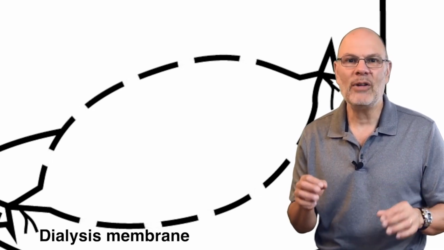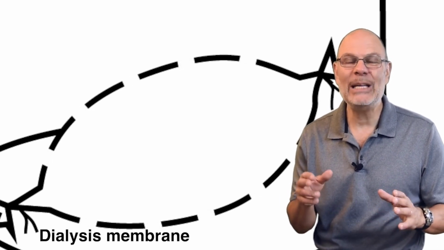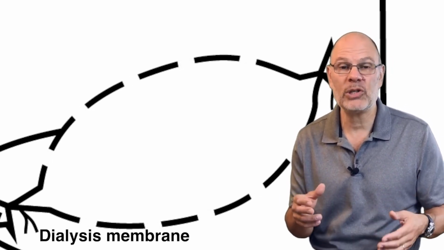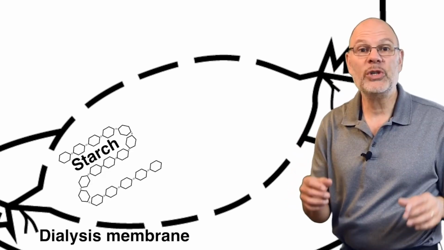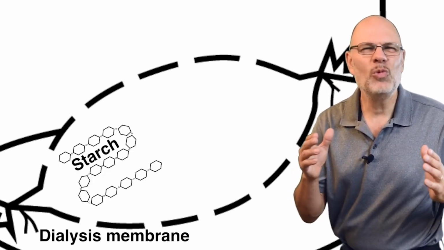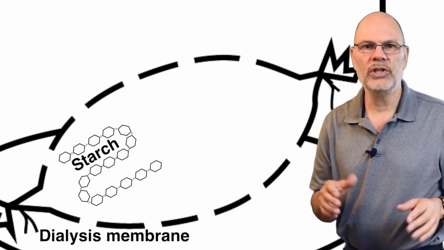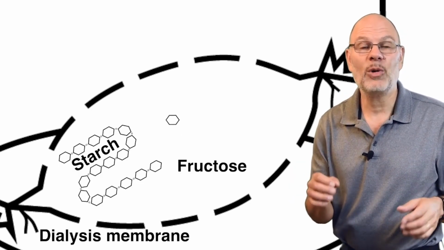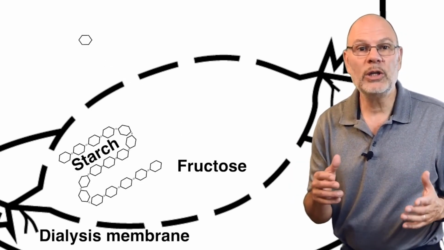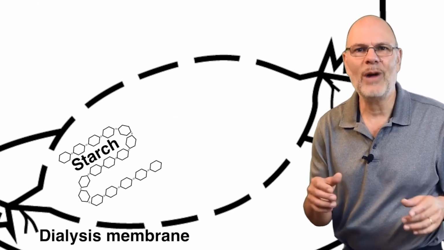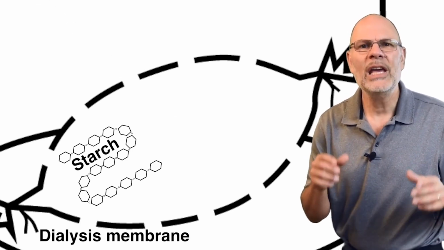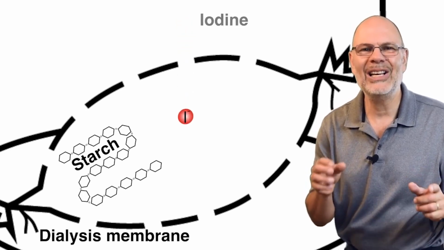On a molecular level, the dialysis membrane has tiny pores that some molecules can pass through, but not others. That's how it works. Starch, which is a polysaccharide, is way too big to pass through these pores. Fructose, a monosaccharide, is much smaller, small enough to be able to pass through. And what's true of fructose, a monosaccharide composed of 24 atoms, is also true of iodine, a single ion.